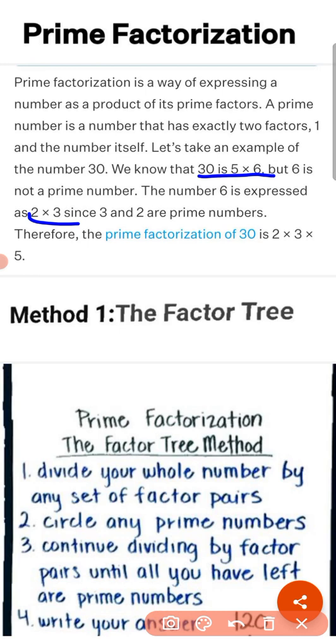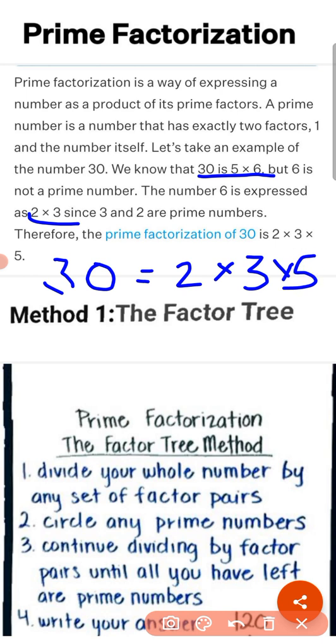Now we can change 30 as 2 into 3 into 5. This is the prime factorization of 30.